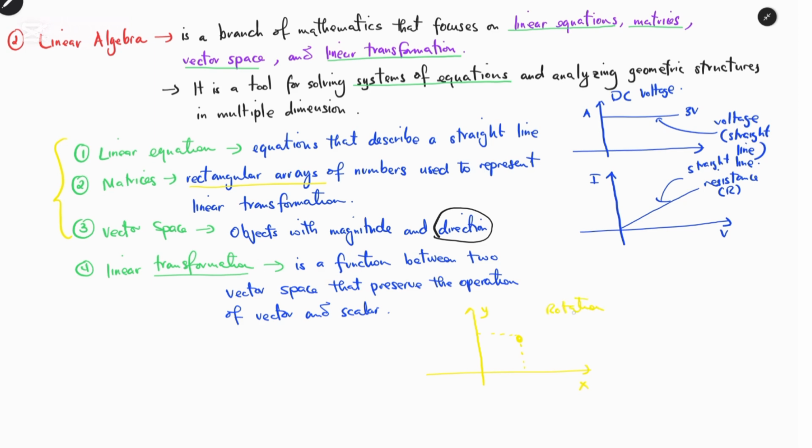If we want to rotate this particular point having x and y, we can apply linear transformation, so it will rotate to this point. That means we are rotating between the vertical plane, and if this is 10, then when we rotate it will become minus 10.